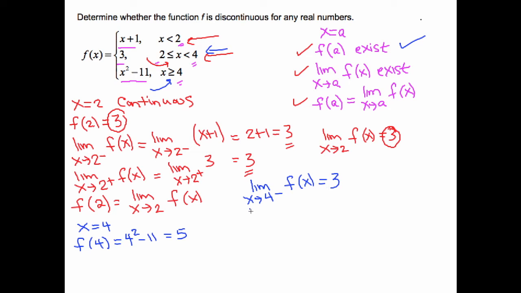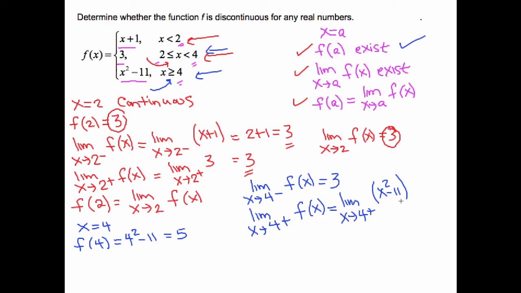And when I look at the right-hand limit as x approaches 4, I'll choose values that are greater than 4. That means I will choose the third equation to evaluate that limit. So that would be equal to the limit as x approaches 4 from the right, and I have x squared minus 11.